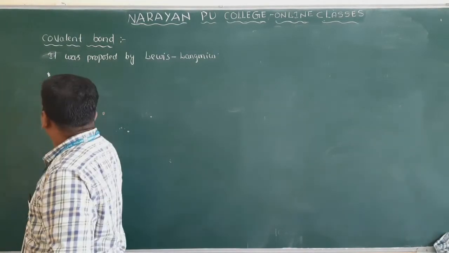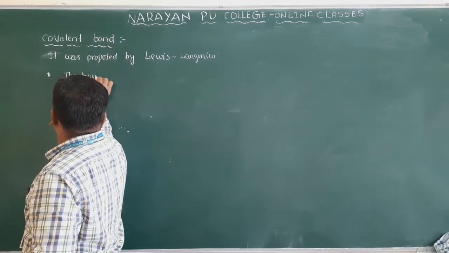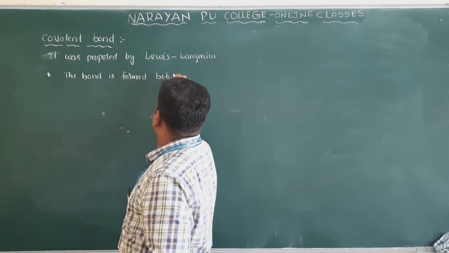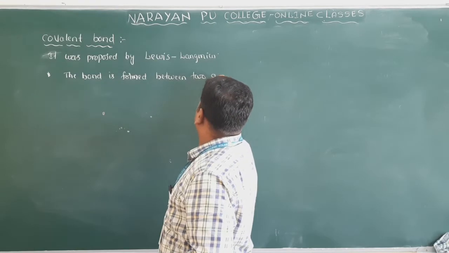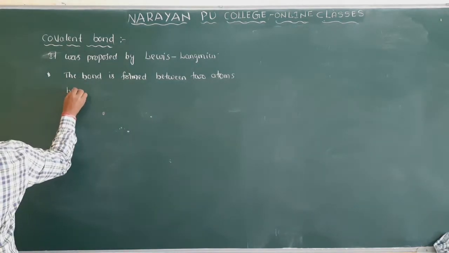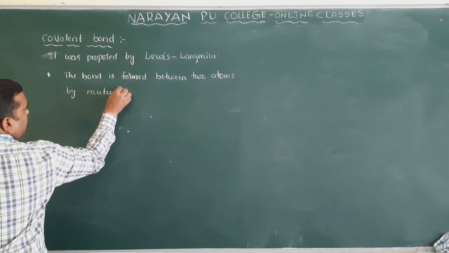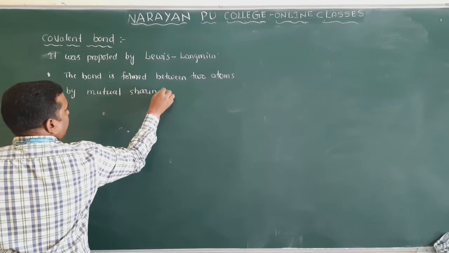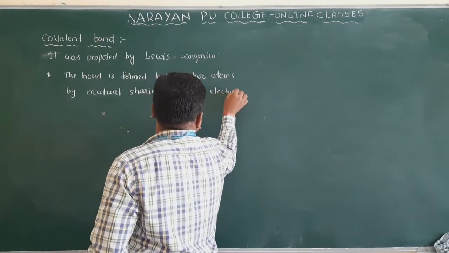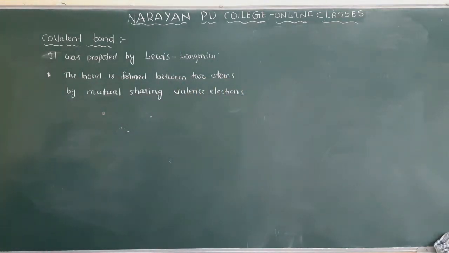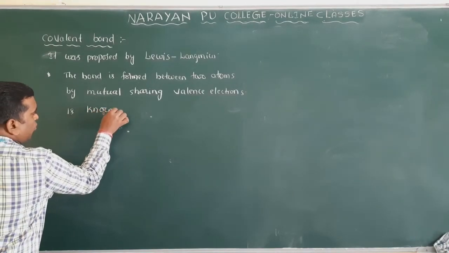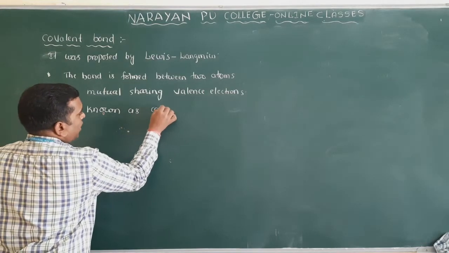The bond formed between two atoms by mutual sharing of valence electrons is known as a covalent bond.